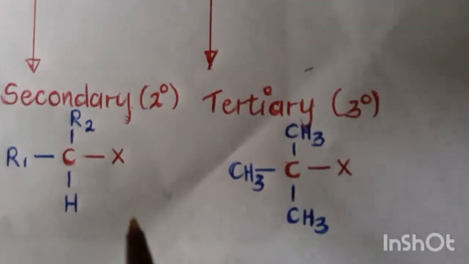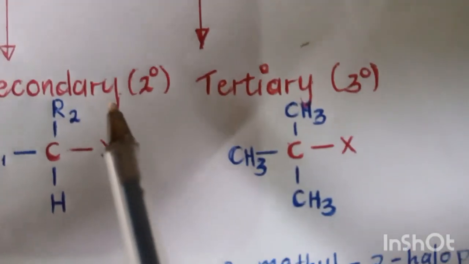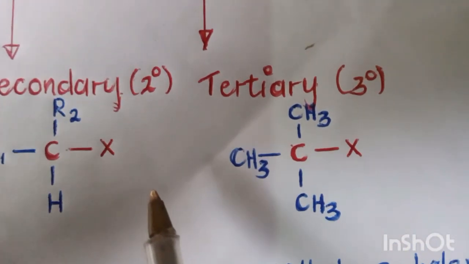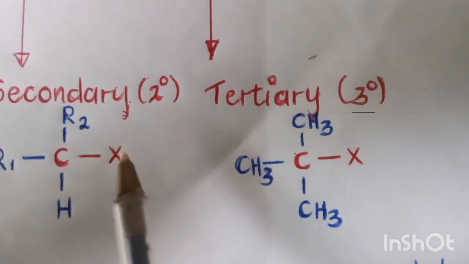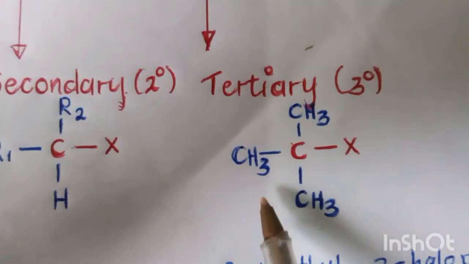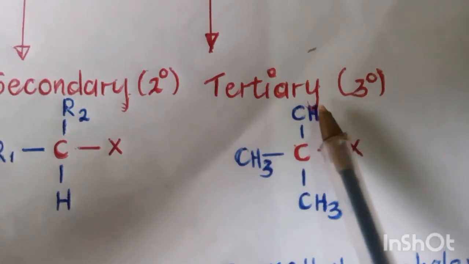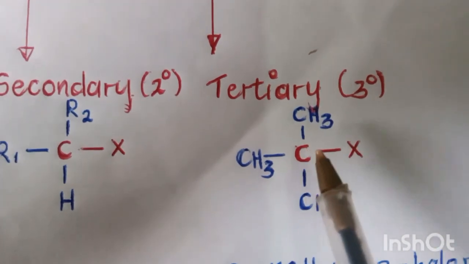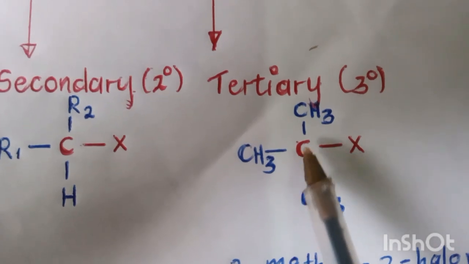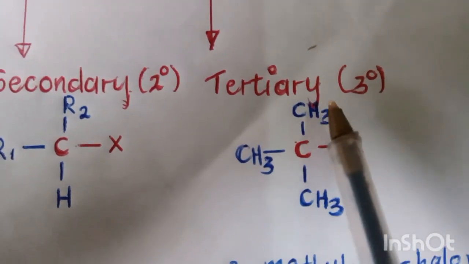And if we look at the other example here, which is for a tertiary haloalkane, as I've said, in tertiary haloalkanes the carbon atom that is directly bonded to the halogen will be bonded to three other carbon atoms, and it won't be bonded to any hydrogen atom. That's a tertiary.